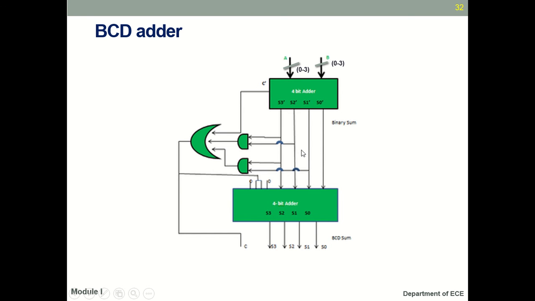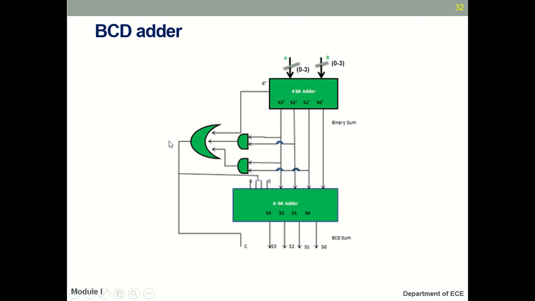And the next one is S1 dash into S3 dash. You multiply both with an IC7408 and give it to an OR gate.